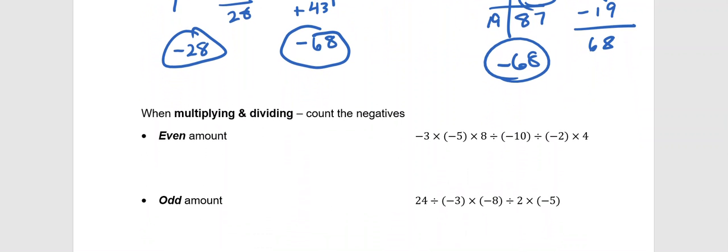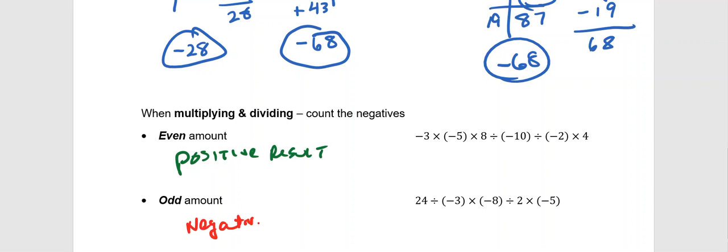So moving on to multiplying and dividing, the nice thing is the rules are the same. I just simply count up the negative signs. If I have an even amount, I get a positive result. And if I have an odd amount, I get a negative result.